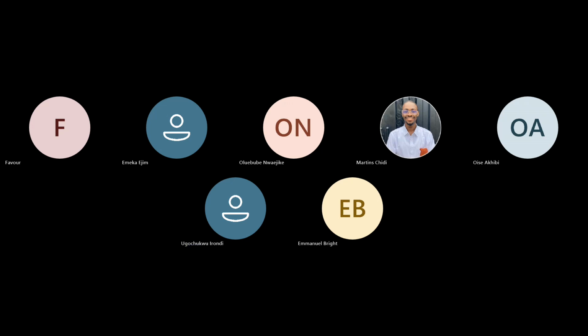Oh, Favor has her hands raised up. Yeah, I've been hearing from her and Mr. Emeka, so I wanted someone else. Oh, okay. Oluwebube, are you here? Has she slept off? Emmanuel, are you here? Okay, she's talking. Okay, please go ahead. Did you hear my question?